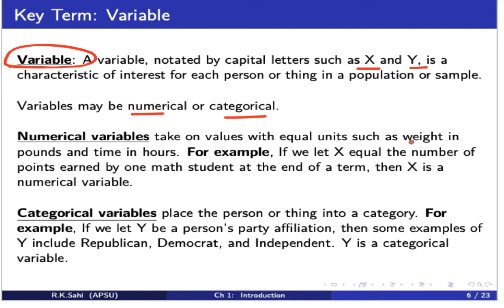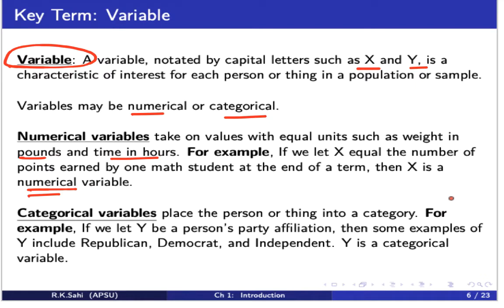For example, it can be weight in pounds, time in hours, okay? Or suppose X is the number of points earned by one mathematics student at the end of a term, then X is a numerical variable. In a very simple form, numerical variable simply means the value of the variable is in terms of numbers.